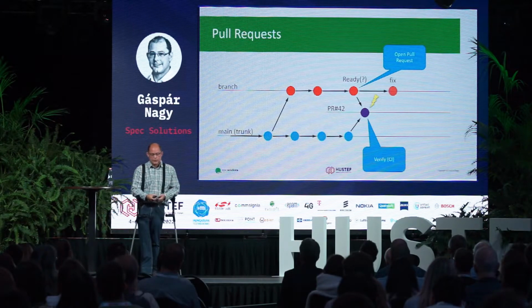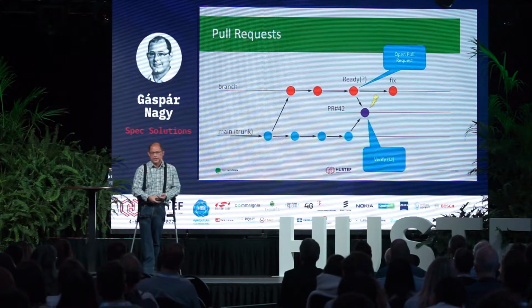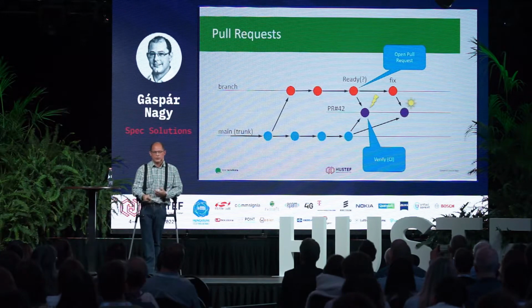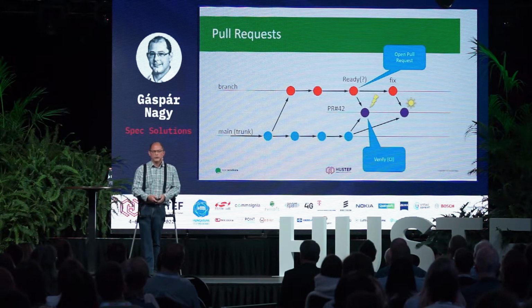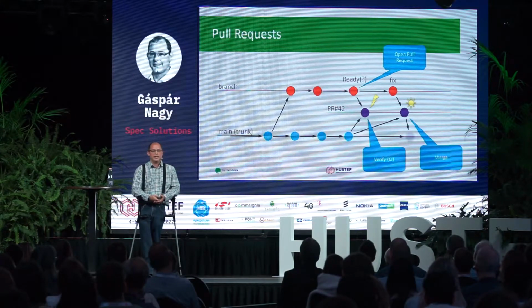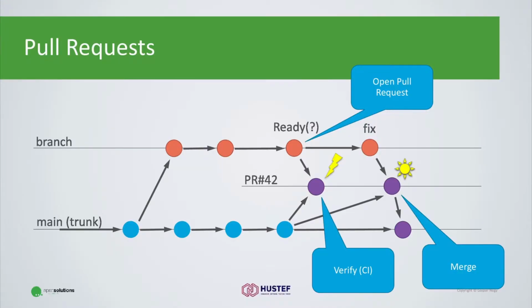If there is a conflict, some problems to fix, then obviously you can do a fix and redo the same thing, and finally it becomes successful, and at that point you can choose to merge this into the main line, and this successful result is going to be the new element on the main. So that's how you can see this as a feature.